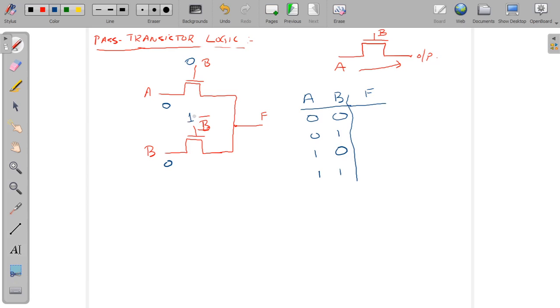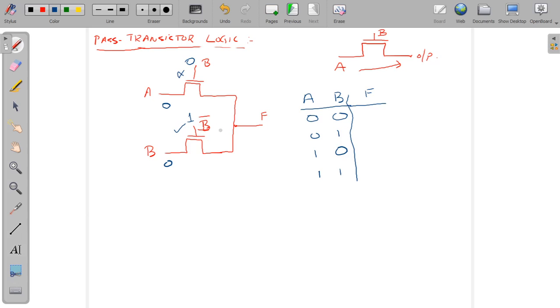Now the devices will be either on or off. Since these are NMOS devices, we know that when we apply a high voltage or a logic 1 at the gate terminal, the device gets on. For this case, this NMOS will be off, because at the gate we are providing a logic 0, and this MOS device will be on.